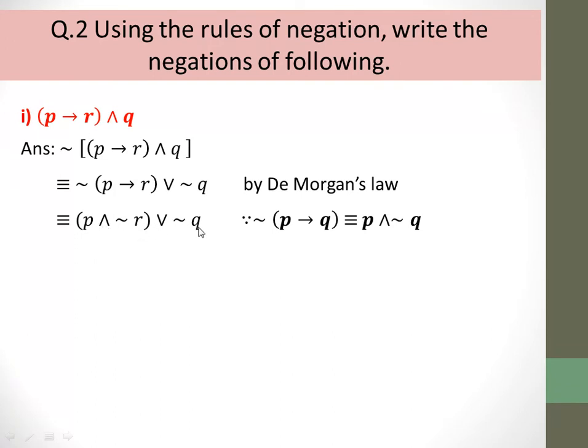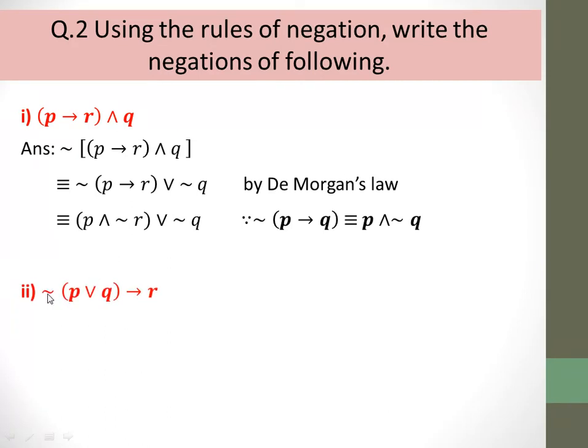This is the last step, which is called the negation of the given statement pattern. So with proper use of De Morgan's law and also the negation of implication, we get this statement pattern, which is the negation of the given statement. Now let us see another one.